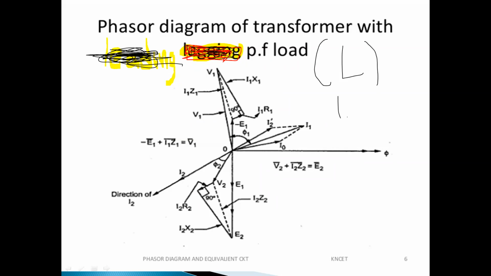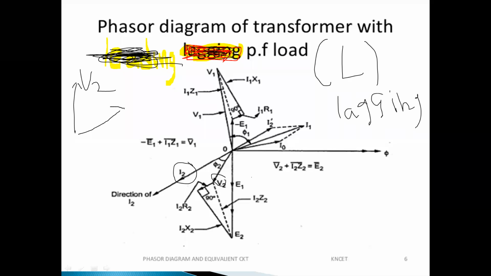For a lagging load, the current lags the voltage. So this current I2 lags the voltage. If you take voltage V2 as reference, current lags the voltage with some angle. This is the lagging load.